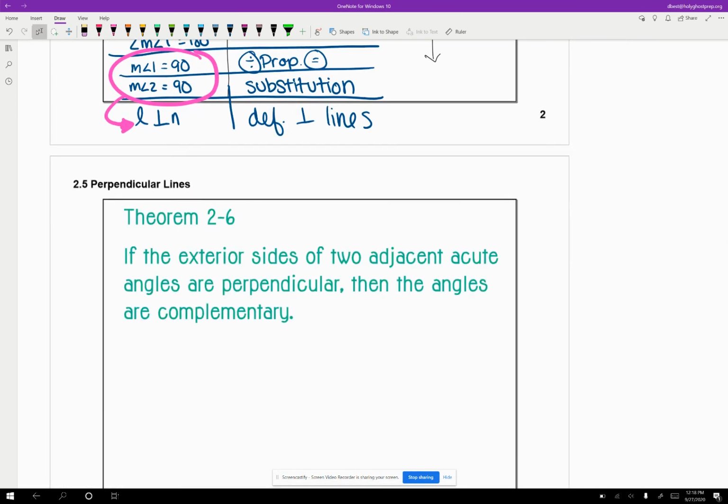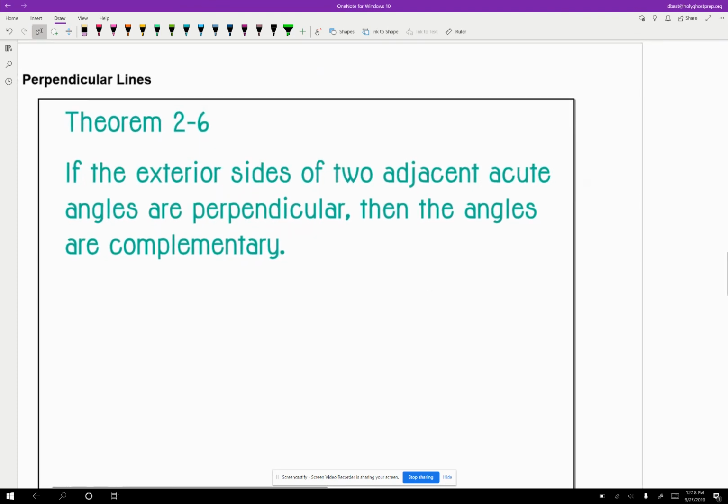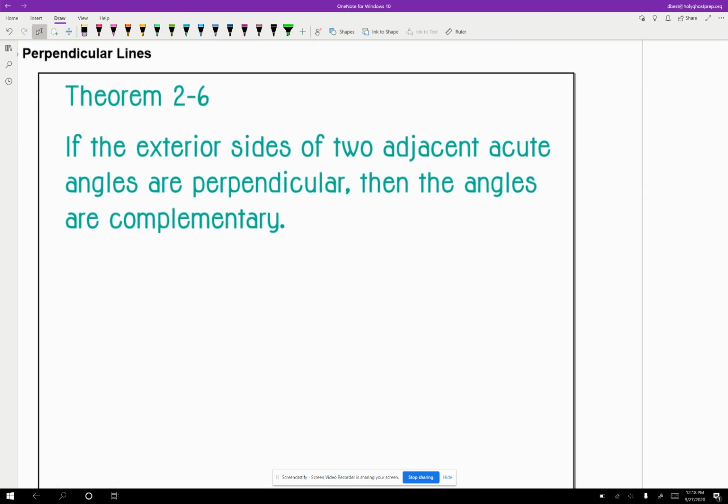And our last theorem says that if the exterior sides of two adjacent acute angles are perpendicular, then the angles are complementary. And this theorem you are actually going to prove in your homework and practice tonight.